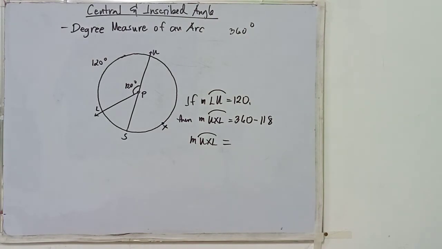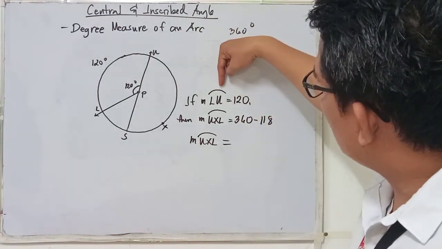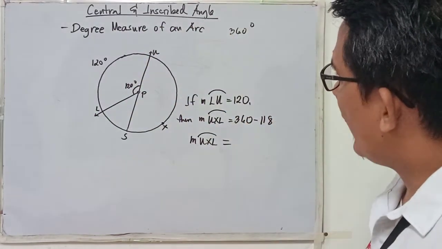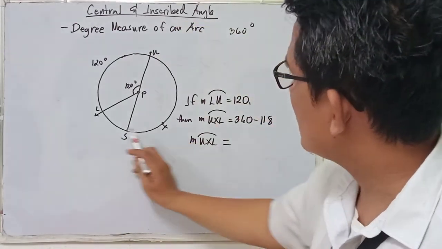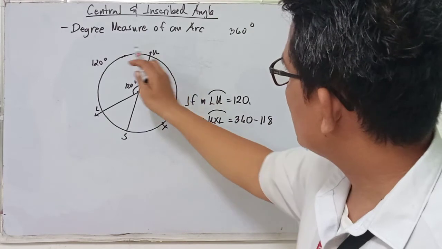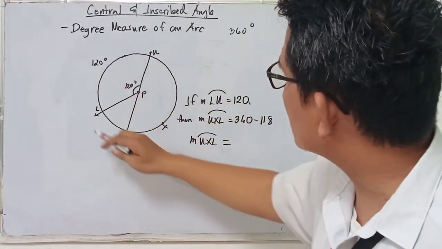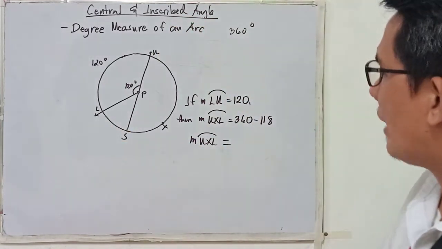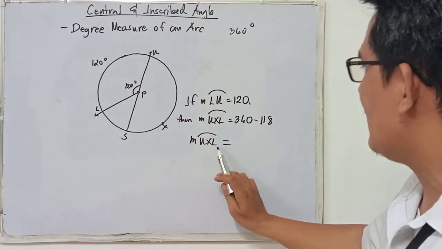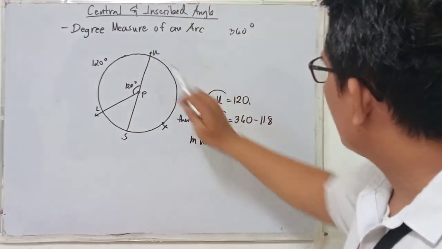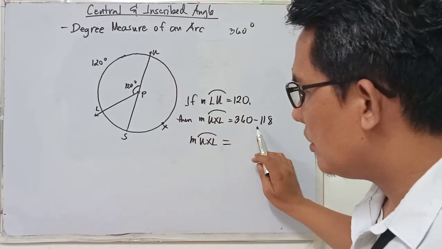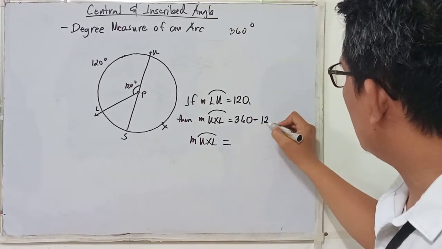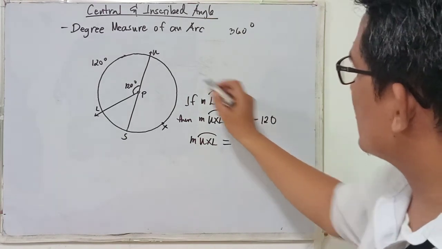What do you mean by this? If arc LU, this arc here, is 120, then since the circle is 360 degrees, to identify our major arc UXL, it is 360 minus 120 because UL is 120.